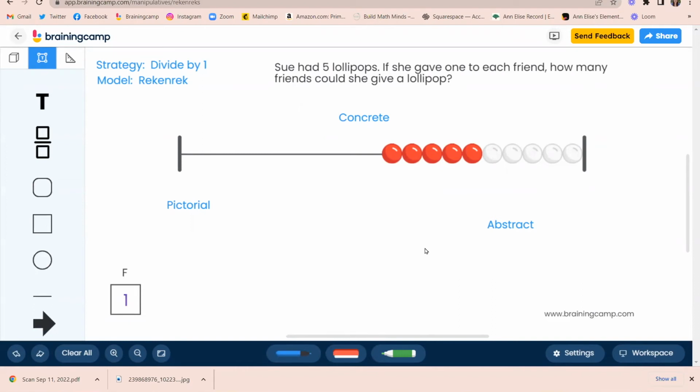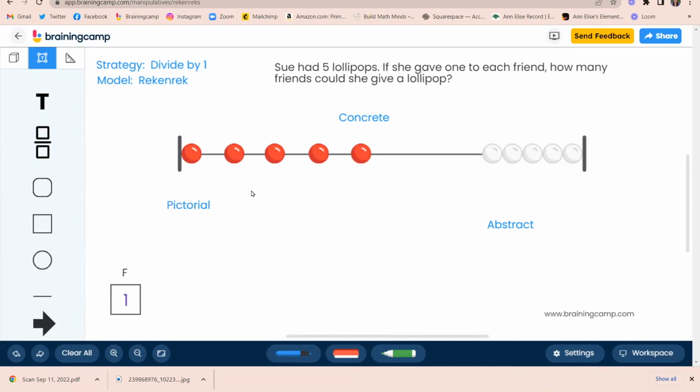Entering this task concretely, knowing that Sue has 5 lollipops, a student might slide over those 5 lollipops, but if they're giving one to each friend, perhaps they separate them out to say, okay, that would be one friend, another friend, a third friend, a fourth friend, and a fifth friend. So they're just visibly being able to see with this concrete tool that they end up with 5 groups, each having one.